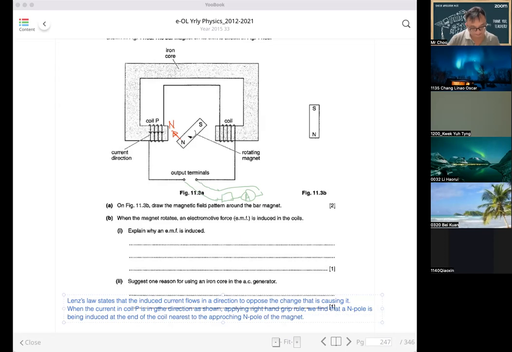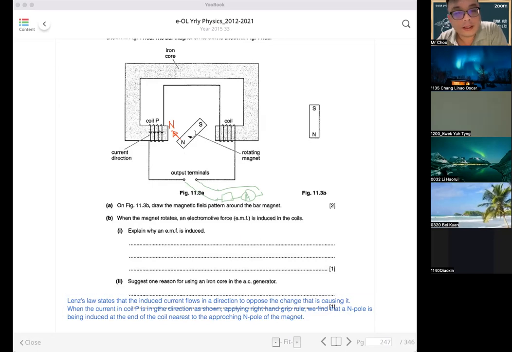Is that clear? So this north pole is trying to repel the opposing north pole based on Lenz's law. If you're clear about this, give me a thumbs up.